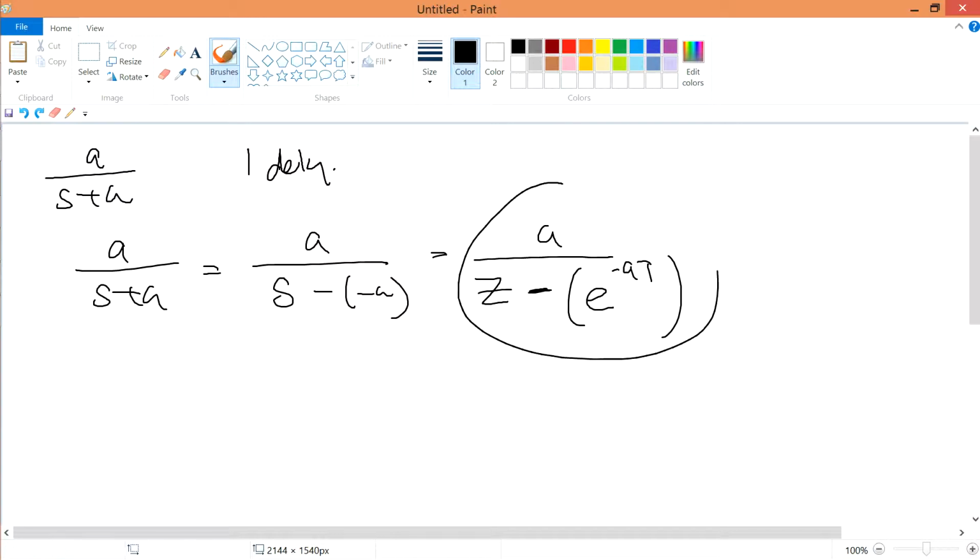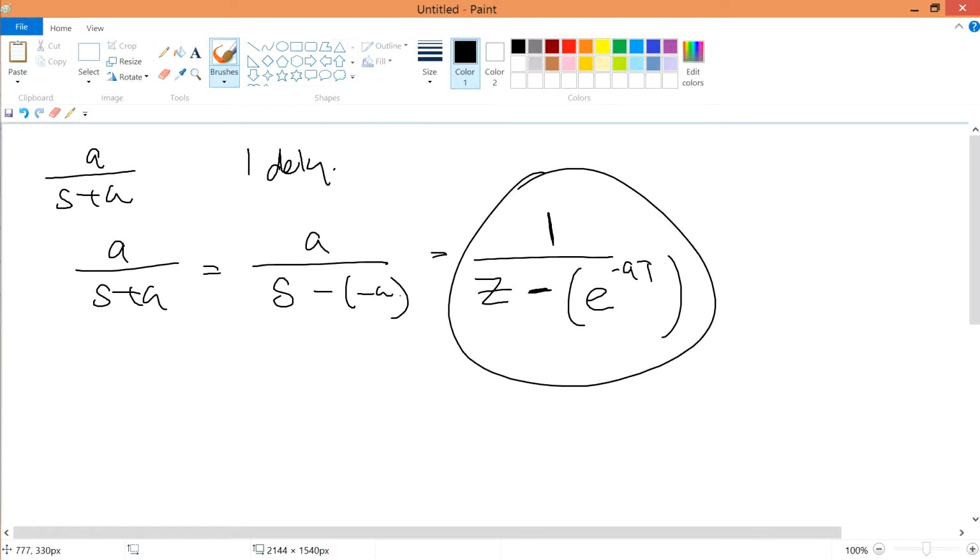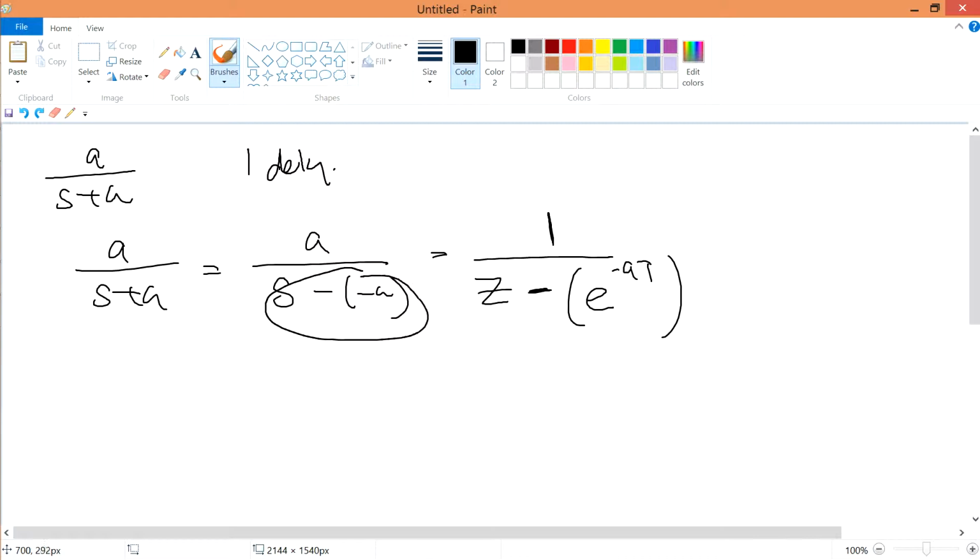So therefore this form is your transfer function, and I should also ignore the A. I'll just write it as 1 will do. Because if you transform from the S domain into the Z domain, you're only looking for the poles, and if you have zeros, you transform the zeros.